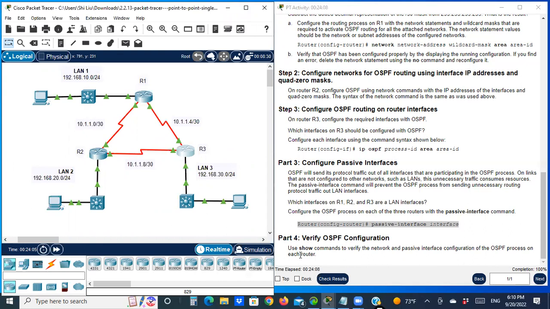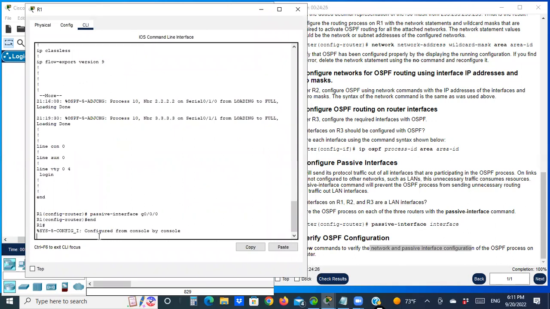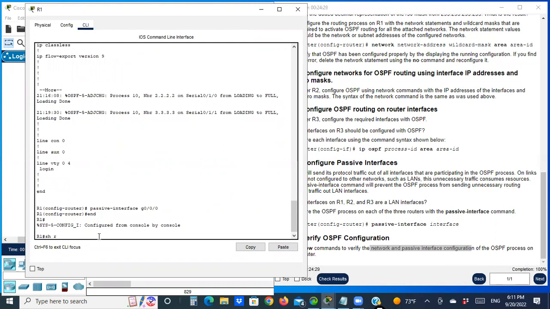Now we need to use a show command to verify the network and passive interface configuration of the OSPF process. Let's verify on R1. Show run.